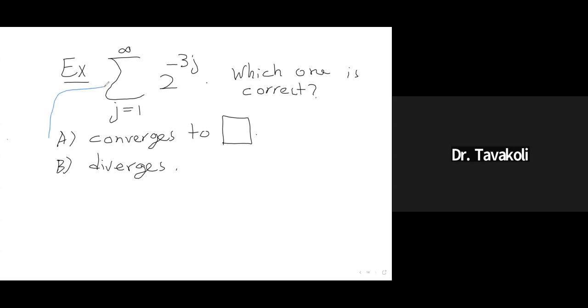So let's expand a little bit, the first few terms to see what the common ratio is. When j is 1, j starts from 1, 2 to the power of minus 3. When j is 2, 2 to the power of minus 3 times 2 is minus 6. When j is 3, 2 to the power of minus 3 times 3, minus 9, and so on and so forth.